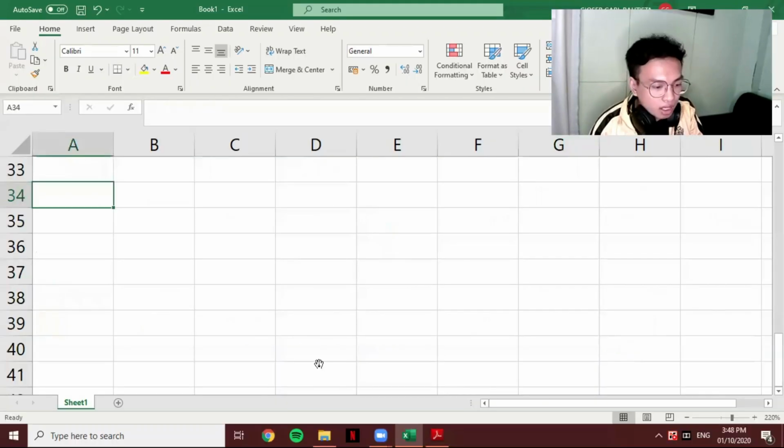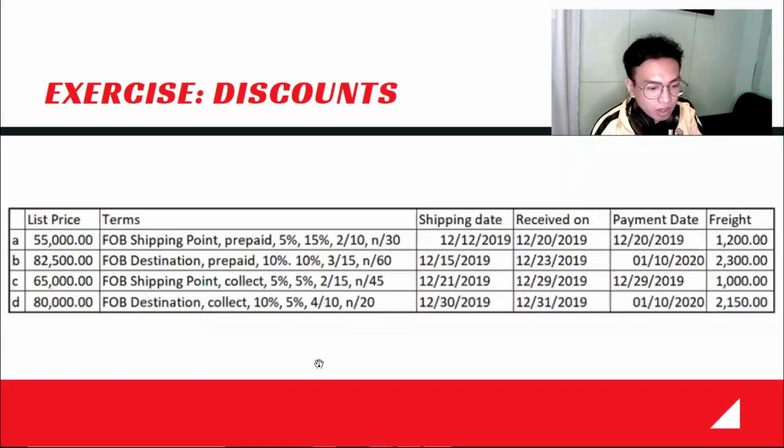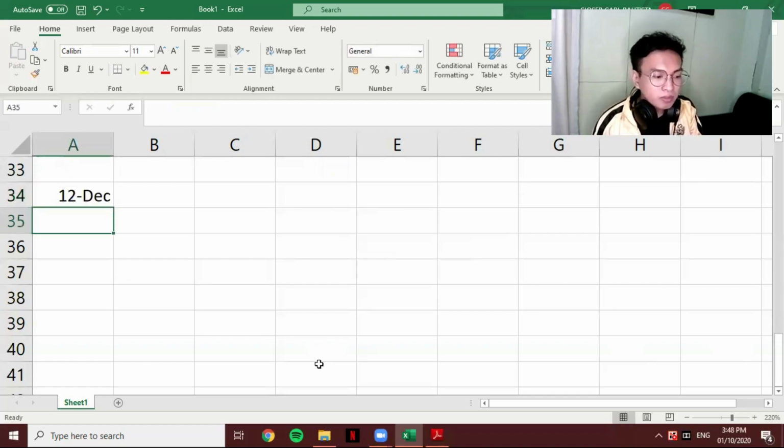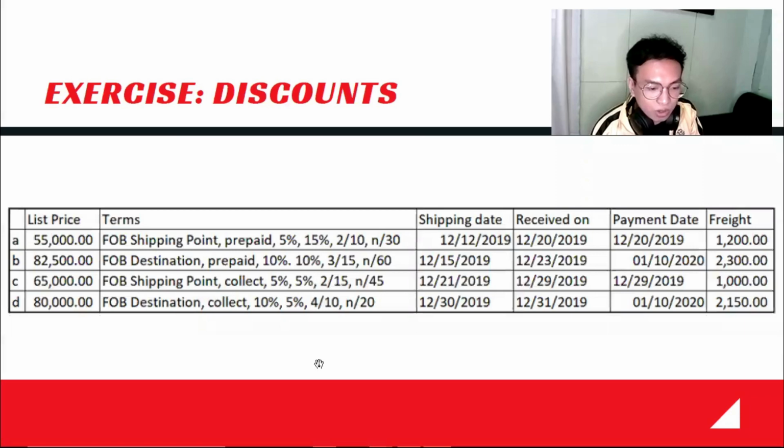This is valid as sales, or the invoice date is December 12, 2019. So, meron na ba tayong valid sale on 12/12 at shipping point?